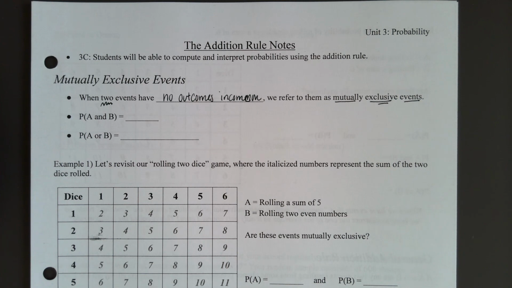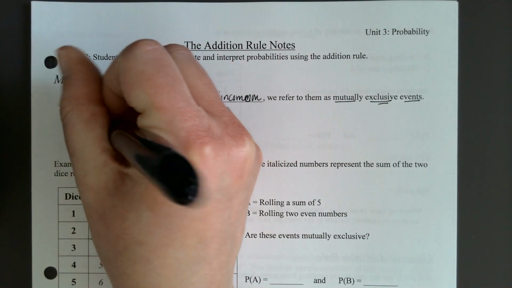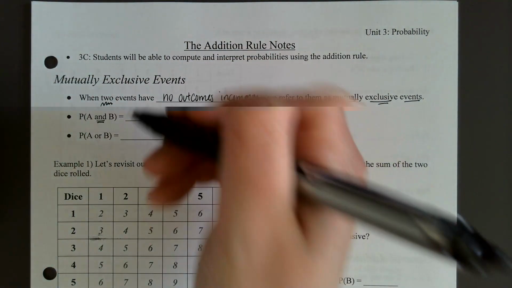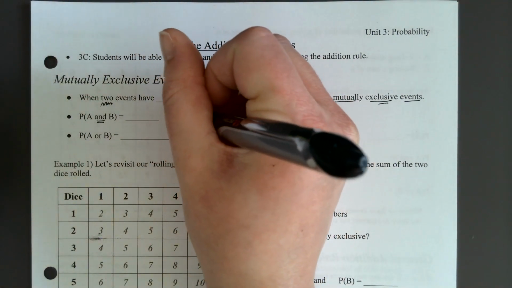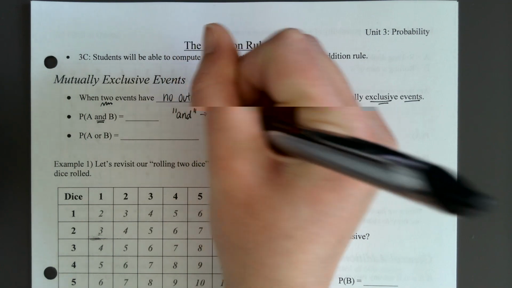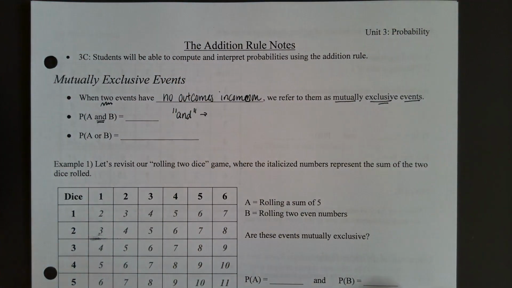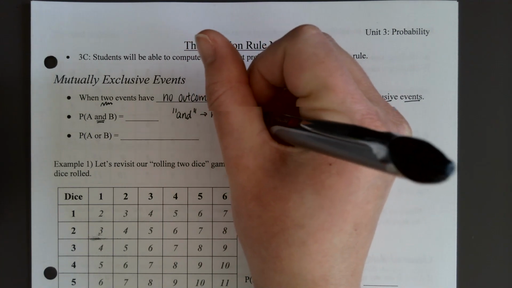So when we're looking at the probability of event A and the probability of event B occurring, something to keep in mind whenever we have "and" is that it means we want the two events to happen at the same time.